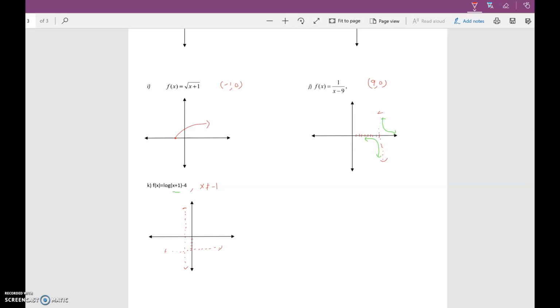The reference point is going to be whichever value makes that 1. So only 0 will do it. So 0 comma technically negative 4. That's going to give us this value here. Since it has the same idea as the regular log, your actual function is going to go in this direction. And once again, I just need a basic sketch of this particular one.